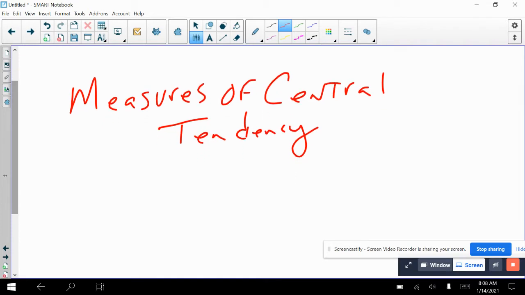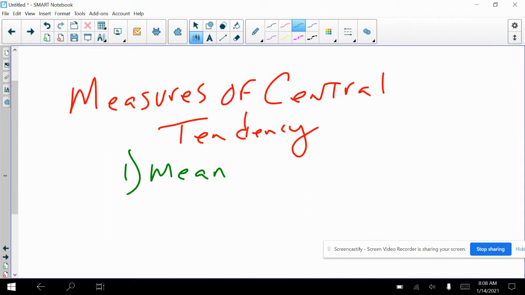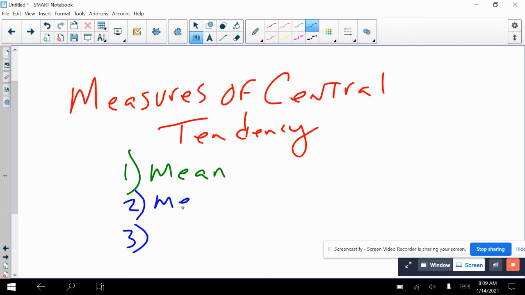And the mean makes up one of them, which is what we're going to talk about today. The other two measures of central tendency, which we will get into later, are the median and the mode. You've heard of those, yes?